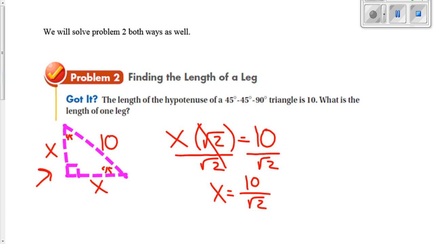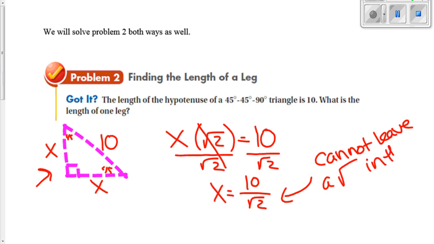Now here, for a second, think. I cannot leave a radical in my denominator. So what I need to do is something called rationalizing the denominator. It's going to get rid of that radical for me.